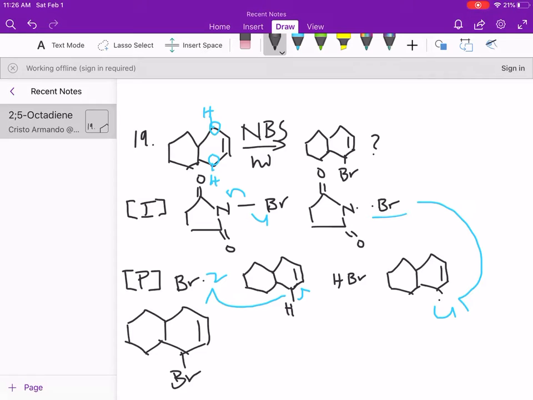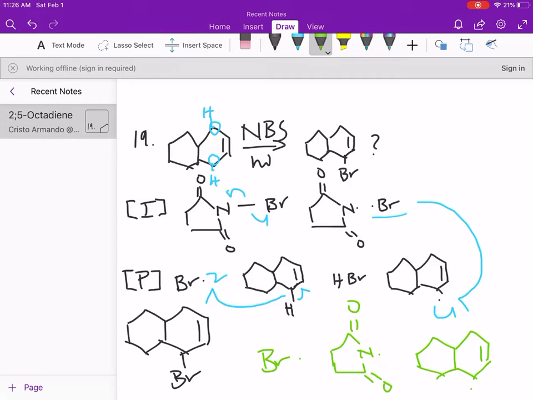Right? And so for the termination step, as before, we have the bromine radical in solution. We have the NBS radical in solution. Right? And we have the alkene radical in solution.